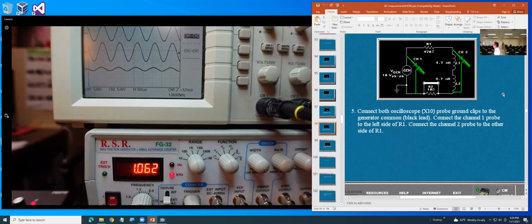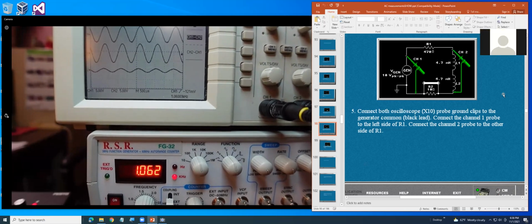How can we get that? Hey, Mr. Pham, is that a 3-channel scope or 2? 2. Okay. But the thing is, on the top, that's the math, which means channel 1 minus channel 2.